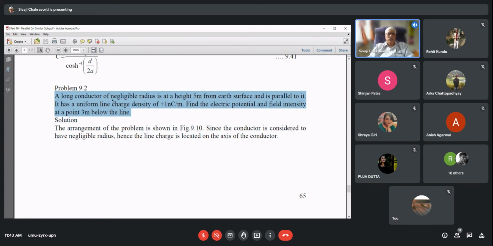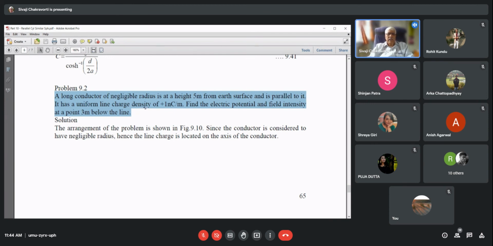So you can assume that this is like a railway line conductor, which is a single phase conductor, and that's a pretty long conductor. Of course, radius is small, and it is at a height above Earth's surface, and it's parallel to the Earth's surface, which is just exactly the same as a railway line conductor.